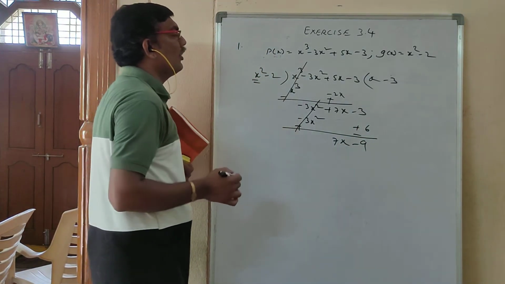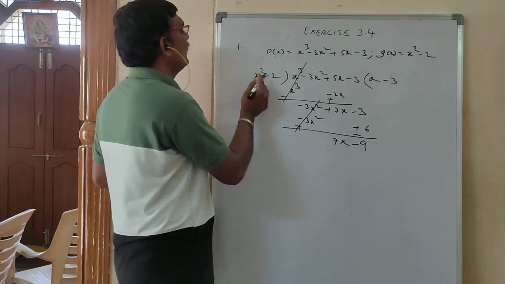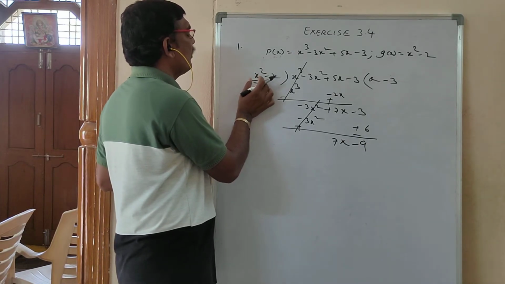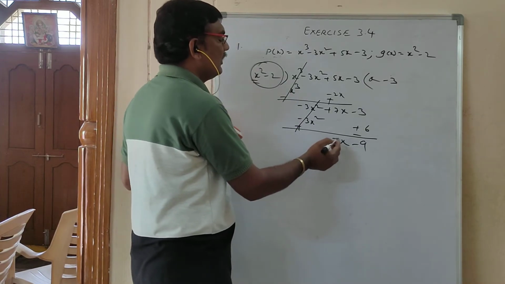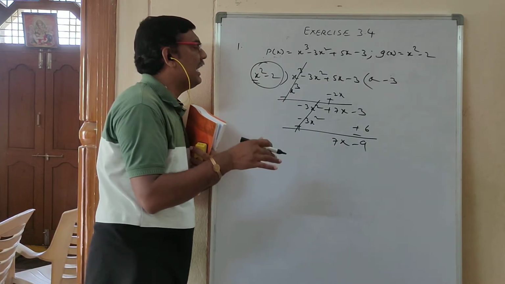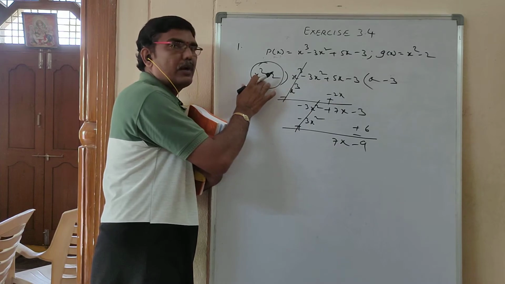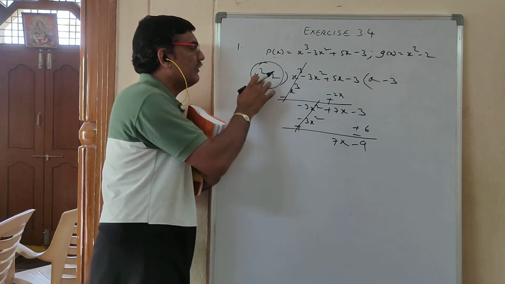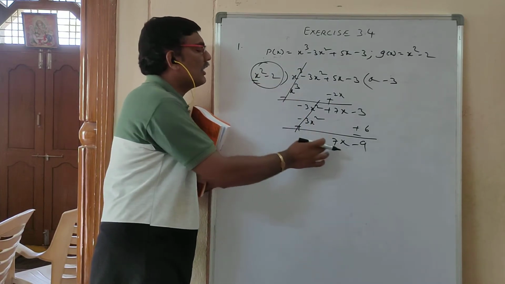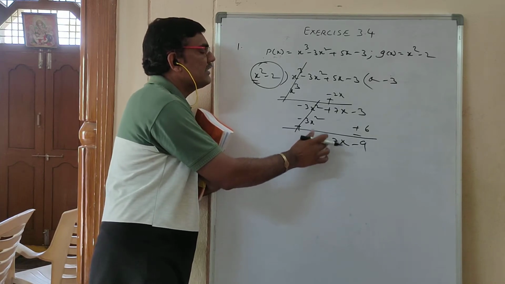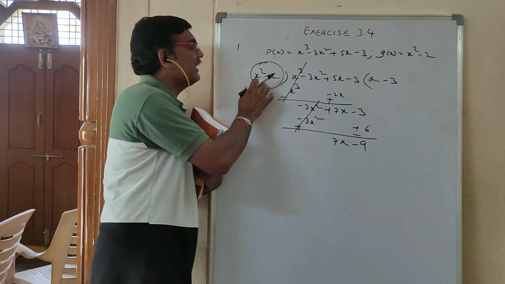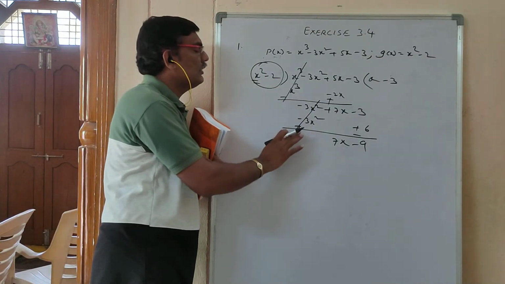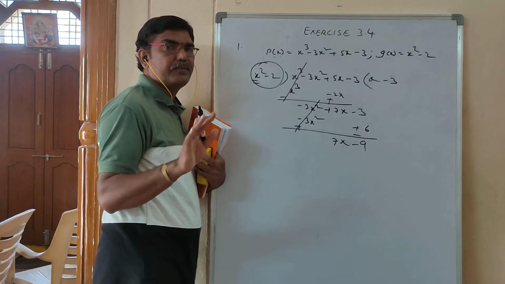This is a quadratic polynomial. So, if the divisor is a quadratic polynomial, its degree is 2, or not? The remainder's degree should be less than the degree of the quadratic polynomial, 1 less. So, the remainder's degree is how much here? 1. The divisor's degree is how much here? 2. So, the division is completed.